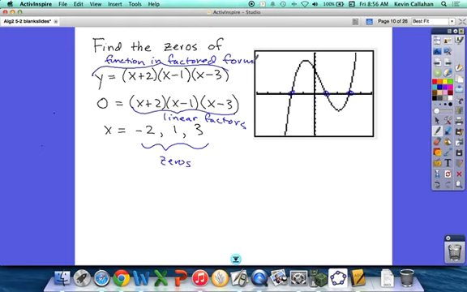Now, this one here may look a little different, right? Because it's -2 and x plus 2. But it's really the same thing, right? This x plus 2 is really x minus -2. So the linear factor is x minus the 0.